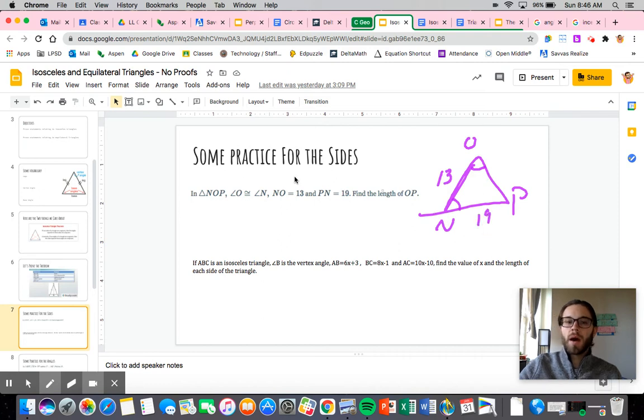Find OP. Well, what do we know? We have that the angles are congruent. Therefore, we know that these two sides must be congruent. So if this one's 19, OP is 19. Simple as that.